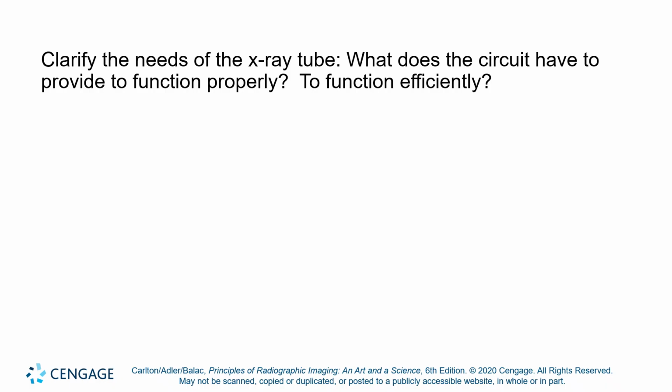Okay, so let's start out by figuring what is it we want the X-ray tube to do. Yeah, we want to make X-rays. What does the circuit have to provide so that the X-ray tube can make X-rays? And then we not only want to make X-rays, but we want to make X-rays efficiently, right?